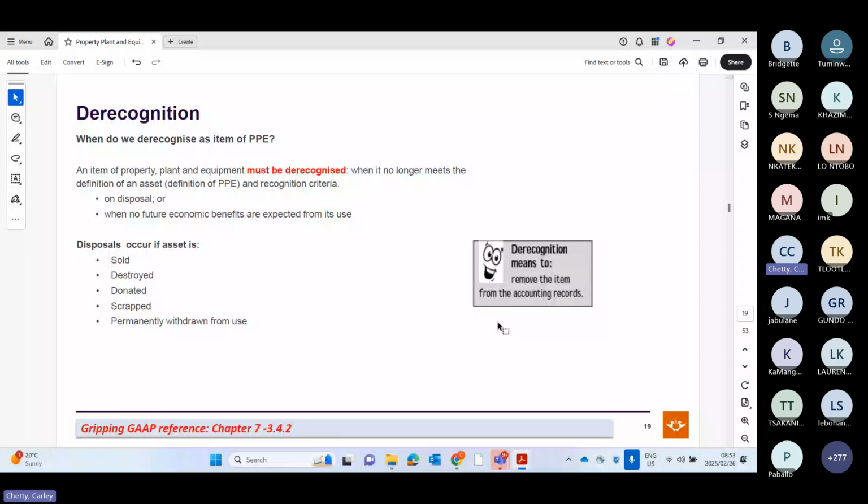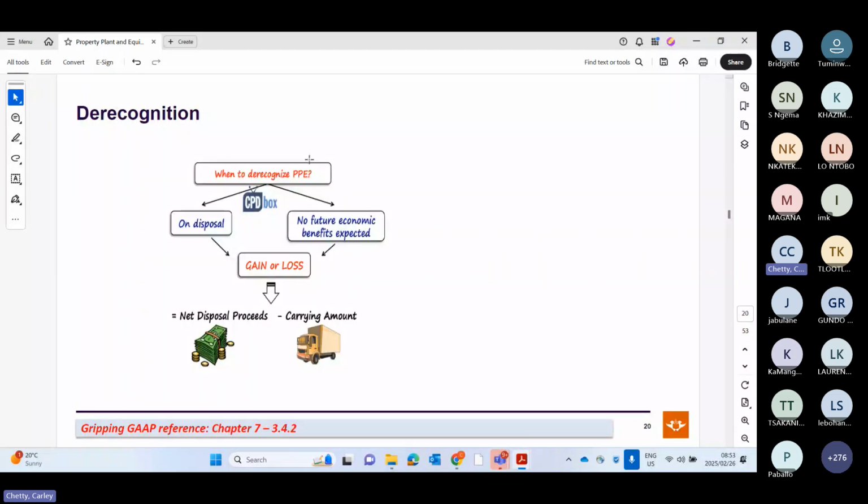So when we derecognize PPE, on disposal or when no future economic benefits are expected, at that time we need to determine, is there going to be a gain or loss on this disposal? And we determine the gain or loss by taking the proceeds on disposal less the carrying amount.